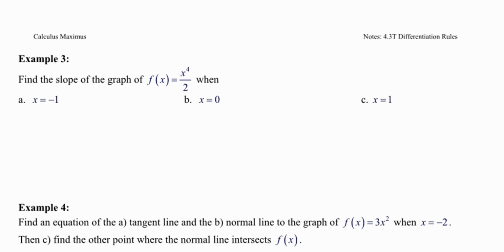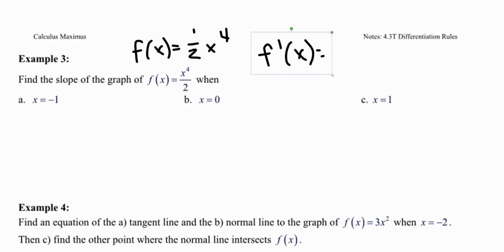Okay, moving forward, we have another example of when this might be useful. Now I'm going to go ahead and rewrite this. f of x equals 1/2 x to the 4th. Find the slope of the graph when. Alright, so let's get our slope function. f prime of x equals 4 times 1/2 is 2, x to the 4 minus 1 is 3.